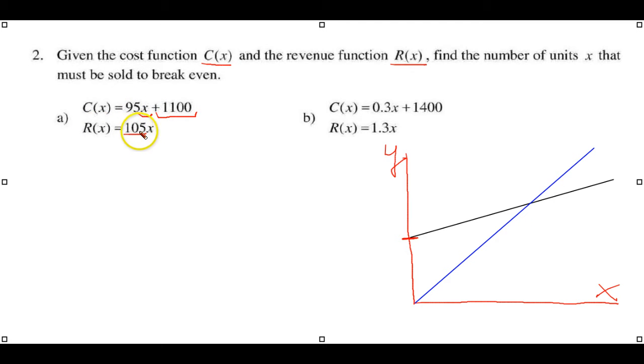Now, if we made a graph of this, this would be our R of X, our revenue line. We didn't sell any, we start at 0, and as we sell it, the amount goes up. And then this is our cost.